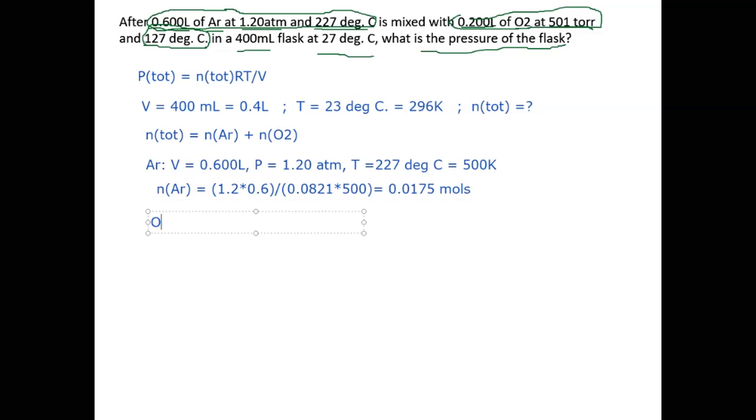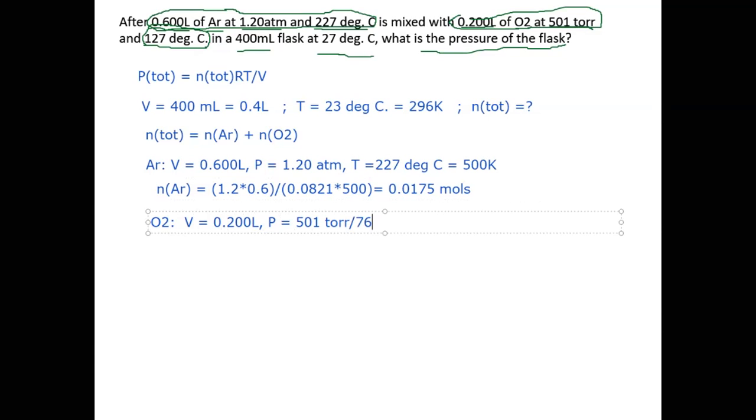Now for oxygen, we do the same thing. The volume of oxygen is 0.200 liters. The pressure is 501 torr. But for the pressure, we have to convert it to atmospheres because our R is in atmospheres.